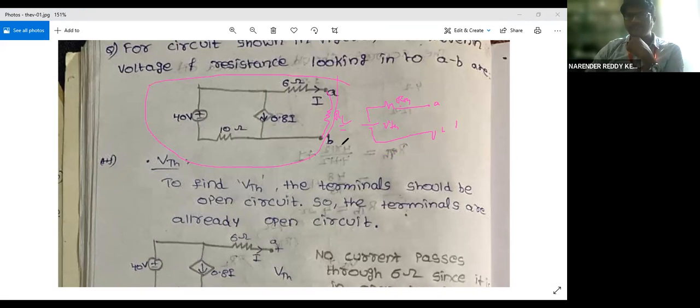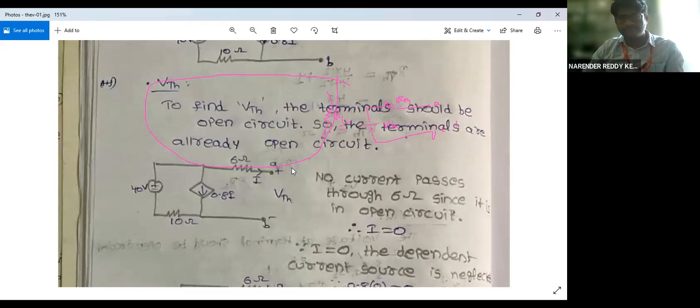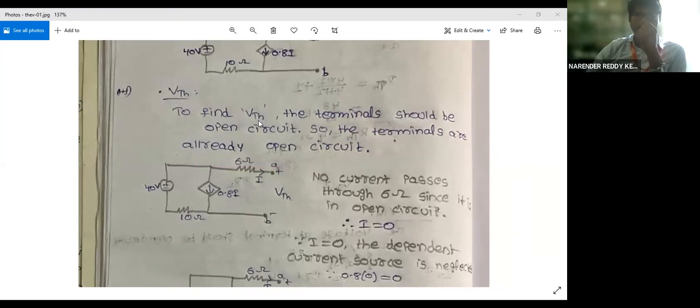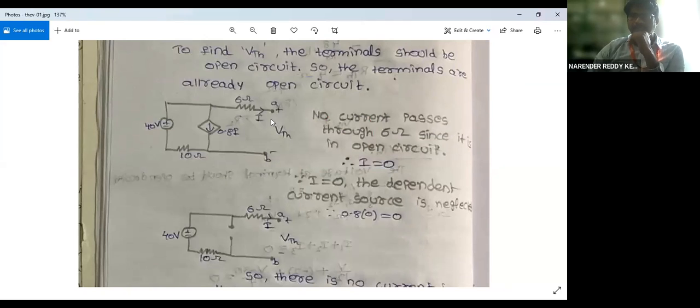So the first step in finding the value of RTH and VTH is to remove the RL first, right? And how do you find the value of VTH? It is the value of voltage drop across A and B. Now, when we are trying to find VTH, the first thing we do is assume that the current is zero because there is no current flowing here.